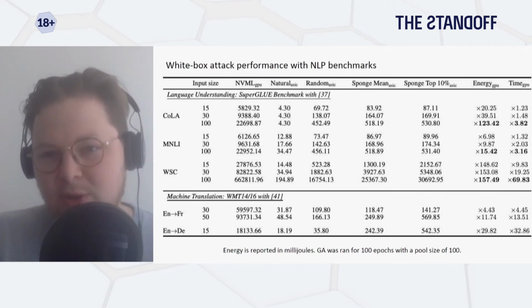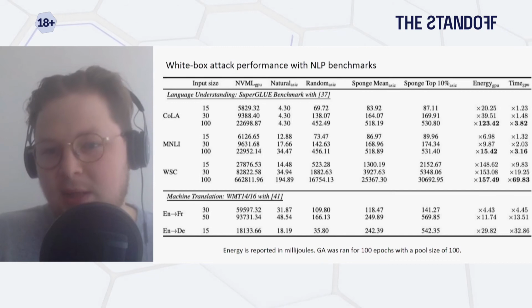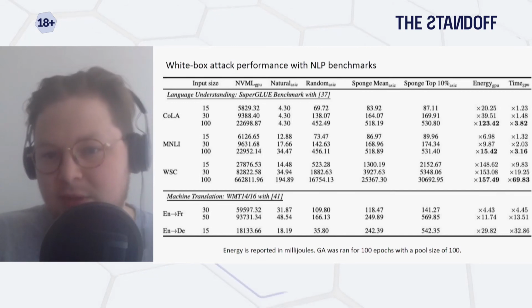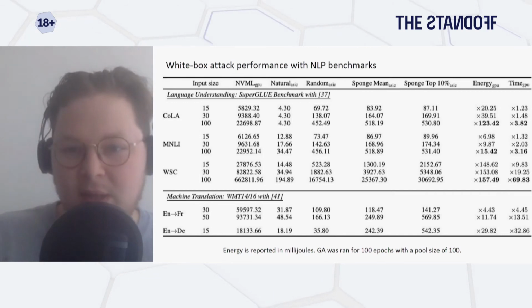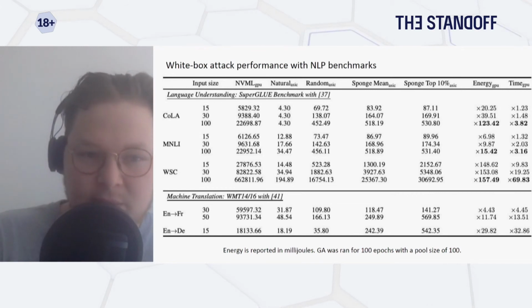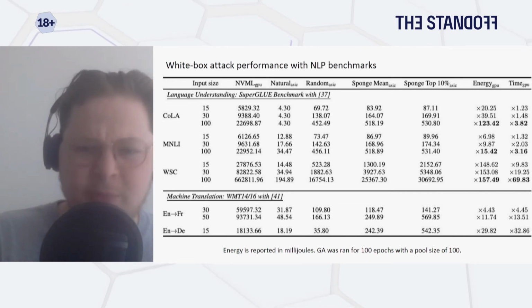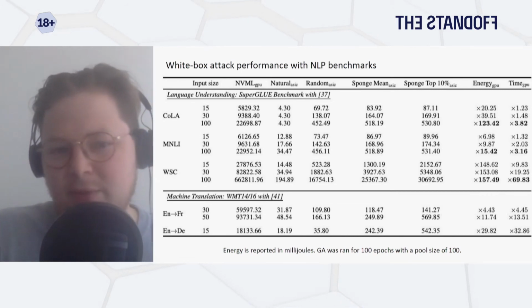So long story short, we show that we can generate samples, and those samples take, in case of this evaluation, up to 150 times the amount of energy and up to 70 times the amount of time. In practice, in the actual paper, we show slightly higher numbers. Note that your mileage may vary depending on what hardware and the amount of memory you have.